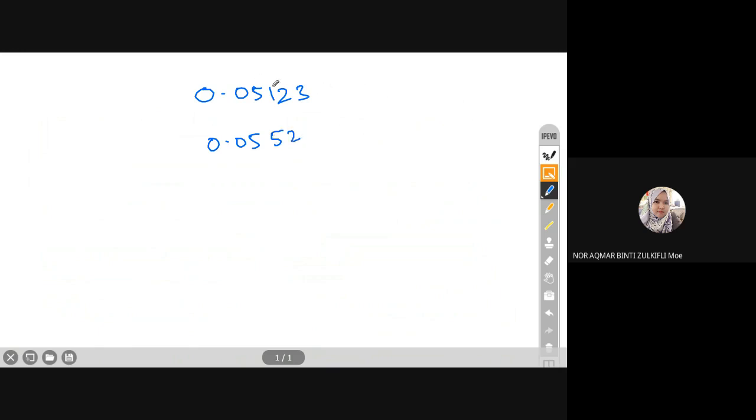So if this one is 1, 2, 3, 4. Okay, you convert 0.05. Tak payah tukar apa-apa. Sebab dia punya value dekat tepi ni, beside 5 ini 1, 2, 3, 4 only. But if beside 5 ini, start with 5, 6, 7, 8, 9. Okay, dia akan tukar 0.06.